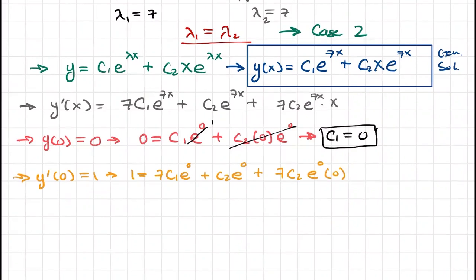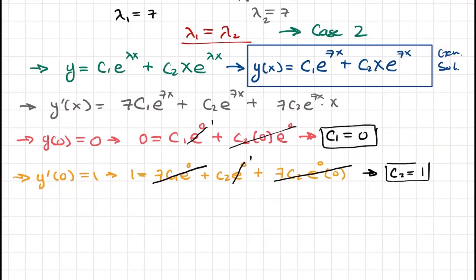Okay, so from here, we already know that c1 is 0, so we can cancel that one. All of this is multiplied times 0, so we can cancel that one. e to the 0 is 1. And so from here, we are left with c2 being equal to 1.